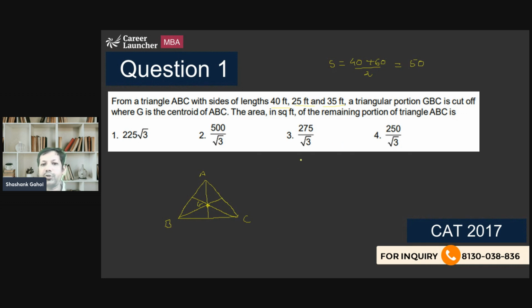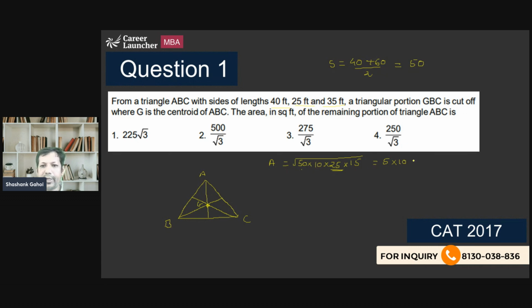I'm going to use Heron's formula. So area comes out to be square root of S, that is 50, into S minus A, that is 10, into 25 into 15. So S minus A, S minus B, S minus C. So this is square root of 25 is 5. 50 into 10, so 10 into 10 is going to be 100.